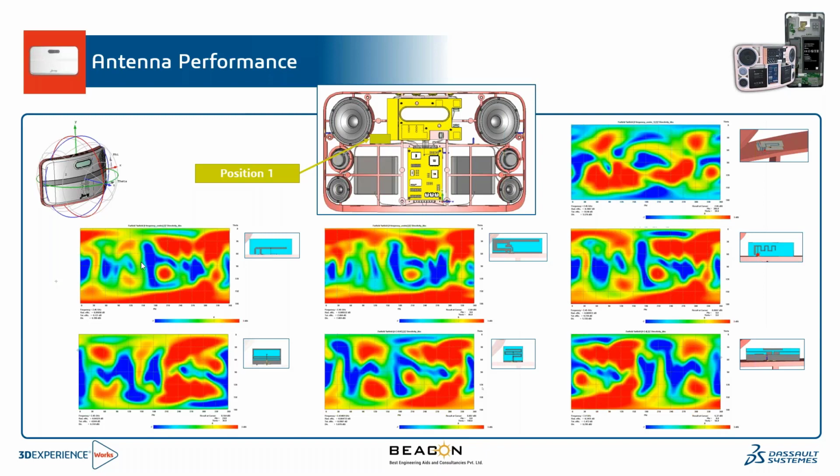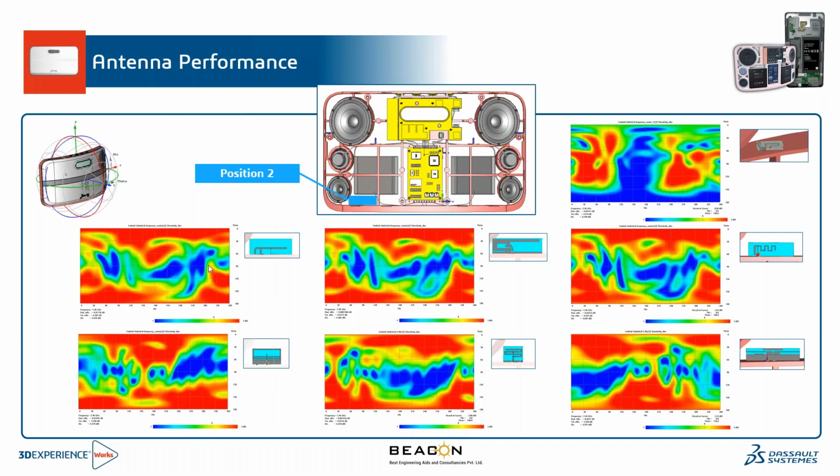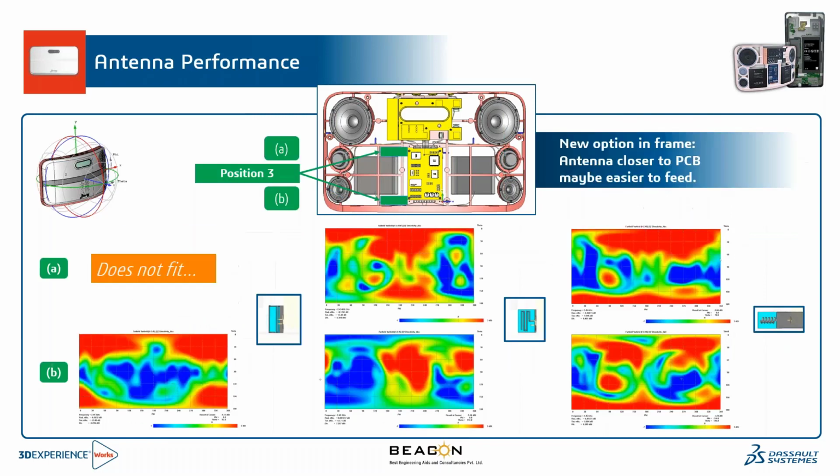So here we can visualize the total scan pattern, and with respect to position 2, we can see all the scan patterns of 7 different antennas. And when both antennas are positioned at A and B, how well the scan pattern can be seen can also be visualized.